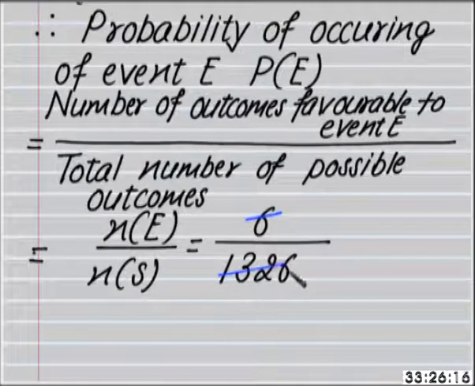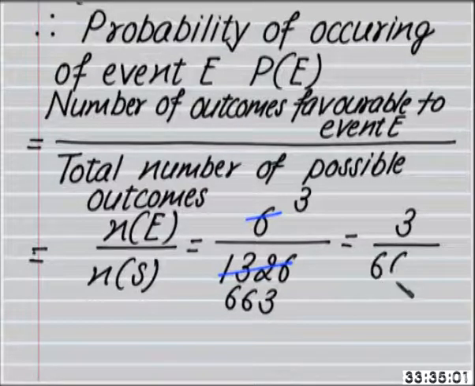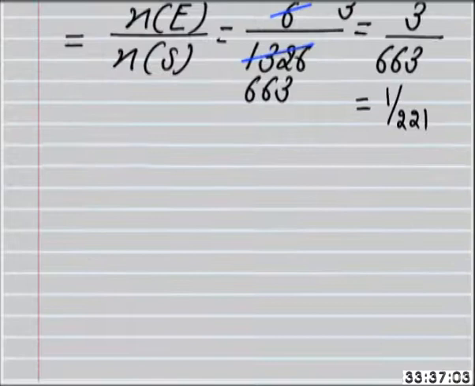On solving, that is equal to 3 upon 663. On solving, it is equal to 1 by 221.